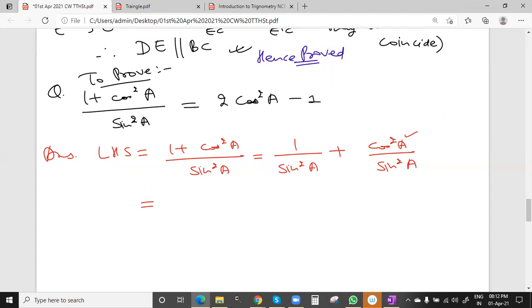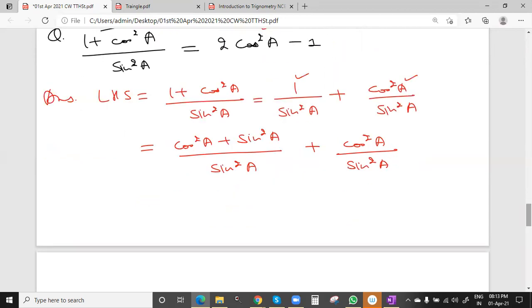The 1 we can write based on the identity: cos square A plus sine square A by sine square A, because the first identity is cos square A plus sine square A is 1. See, cos square A is there in our right hand side also. So we write cos square A as it is by sine square A.